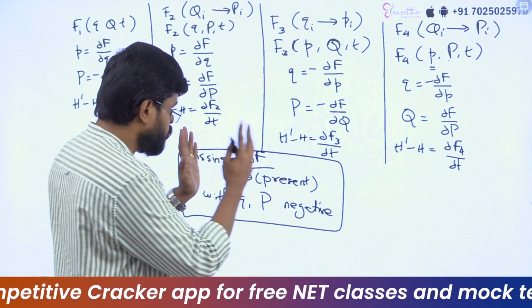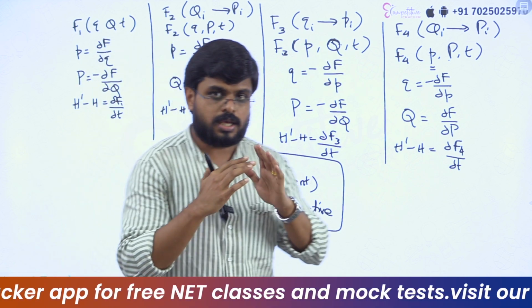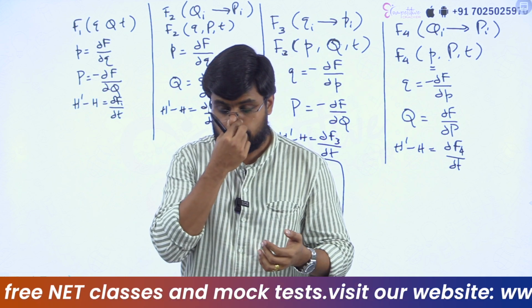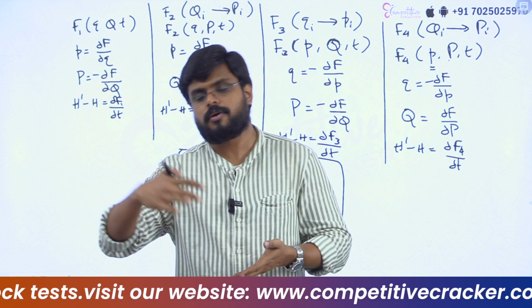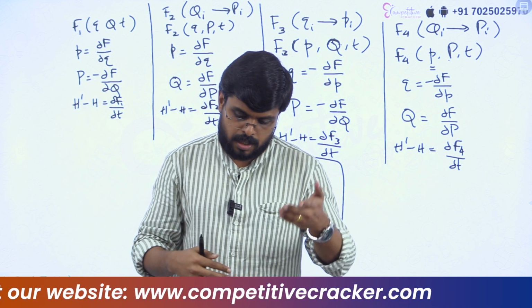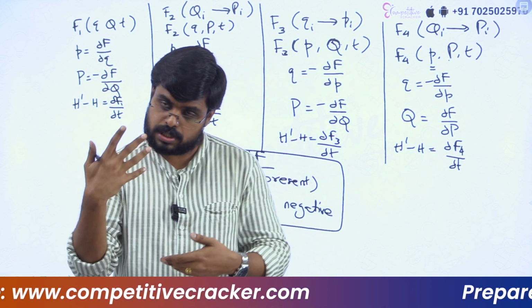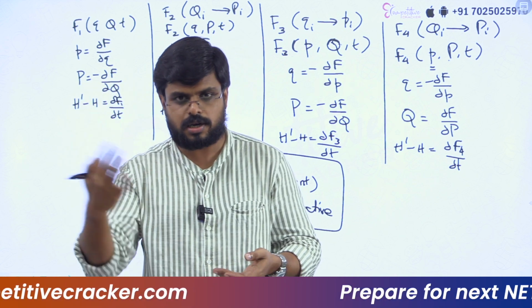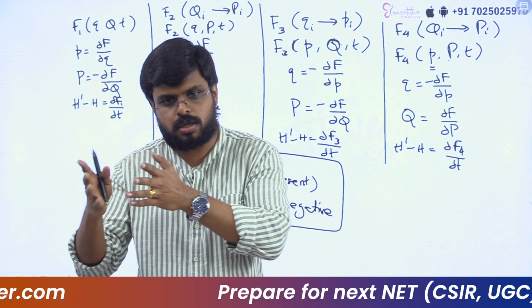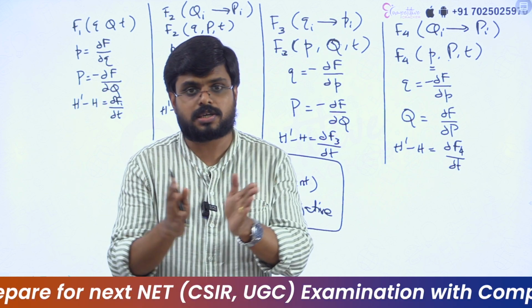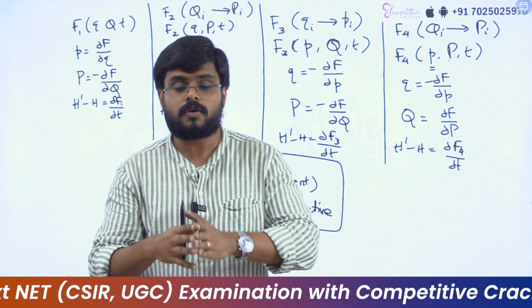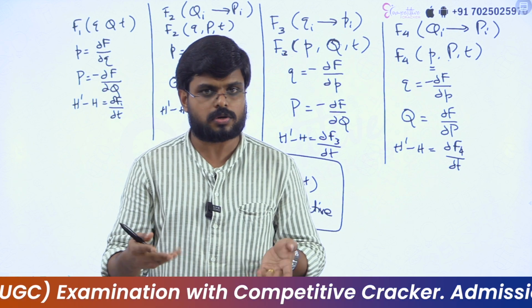This is how we have to understand the generating function. In the coming videos, when a generating function is given, you will have to find the canonical transformation, and when a canonical transformation is given, you will have to find the generating function and the new form of the Hamiltonian. Many applications and a variety of problems are included.